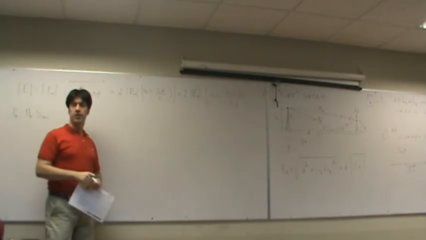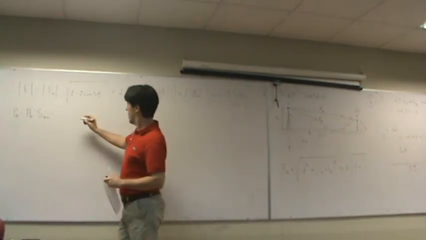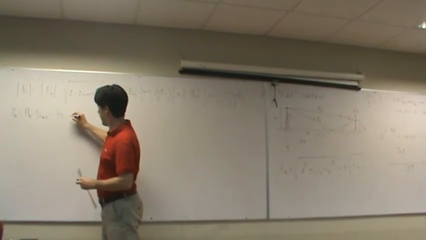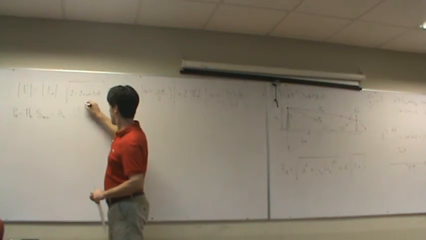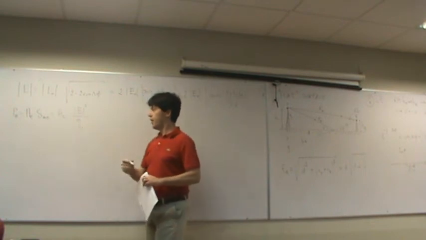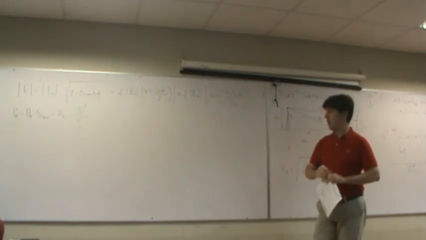What is the receiving power? The receiving power is the effective area times the incident power at the receiver. Effective area, this thing is, as you possibly remember, E squared divided by eta zero.